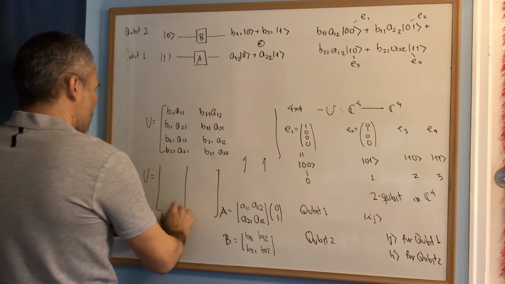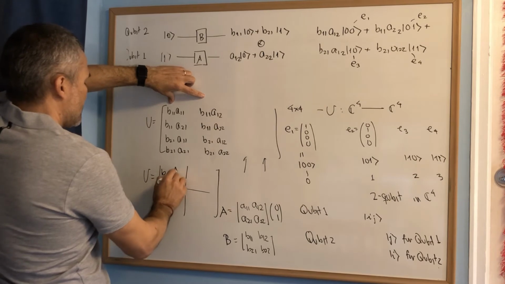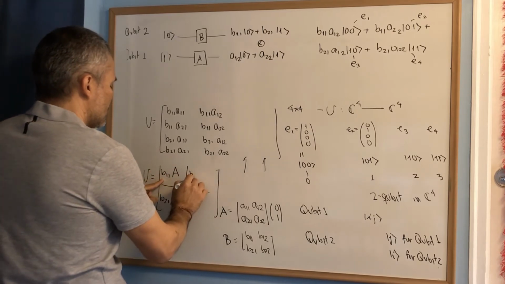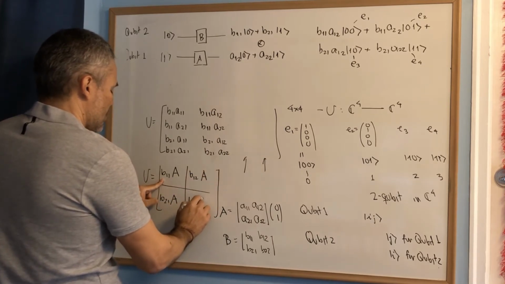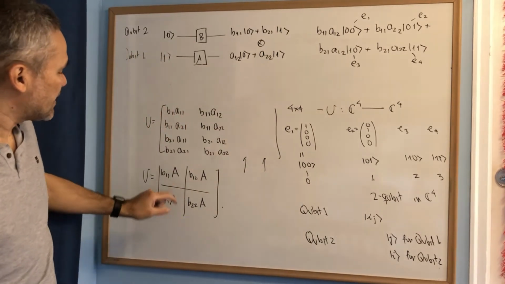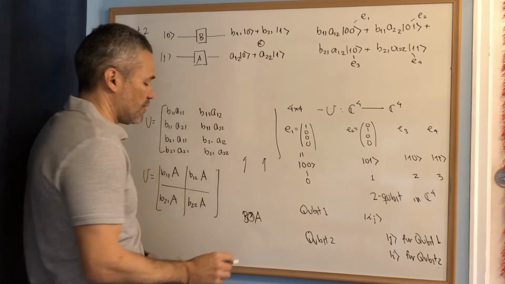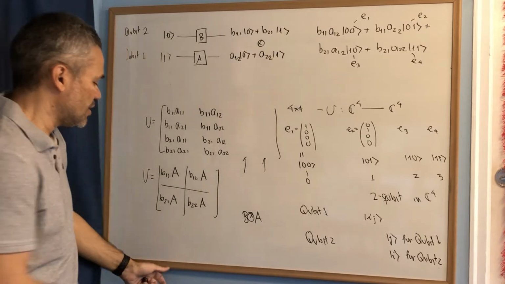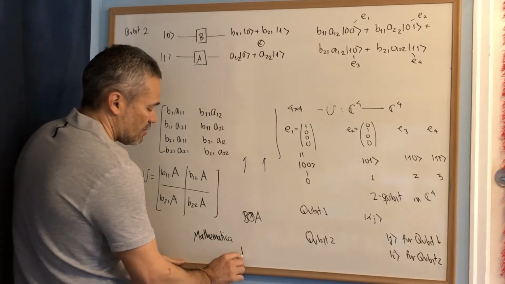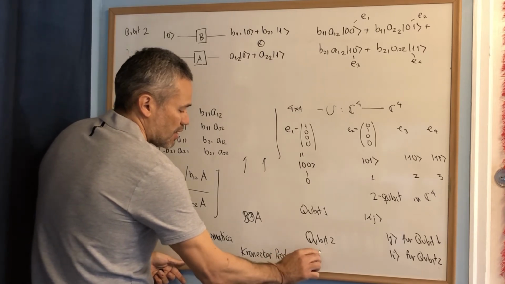This matrix has 4 blocks, 4 2x2 blocks, and the first 2x2 block is going to be B11 times the matrix A. This block here is going to be B21 times the matrix A, and if you do this one, you will get B12 times matrix A and B22 times matrix A. What we have done is what is called the tensor product of the matrices A and B, A tensor product with B. If you are using the software Mathematica to do this tensor product, you will be using something that is called the Kronecker product between B and A.